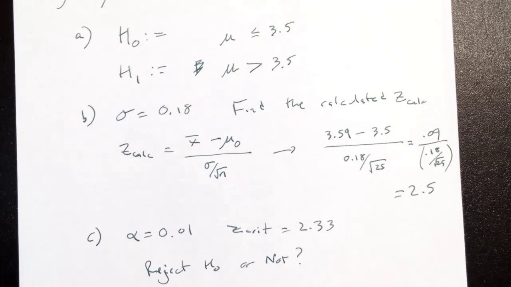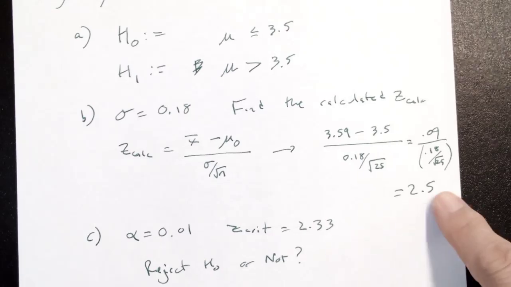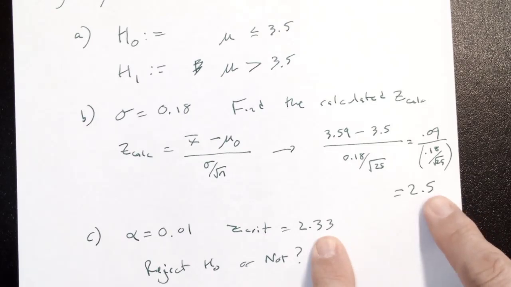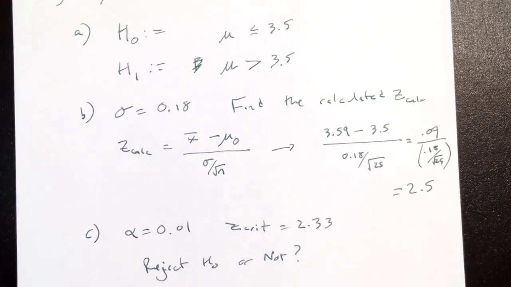I wrote at the top of this page, what's our decision rule? Reject if the calculated Z score is greater than the critical score. Is the calculated one bigger? Yeah. Reject.